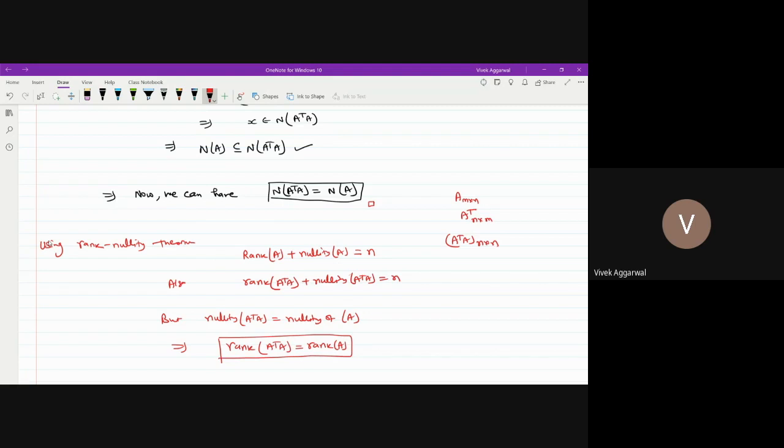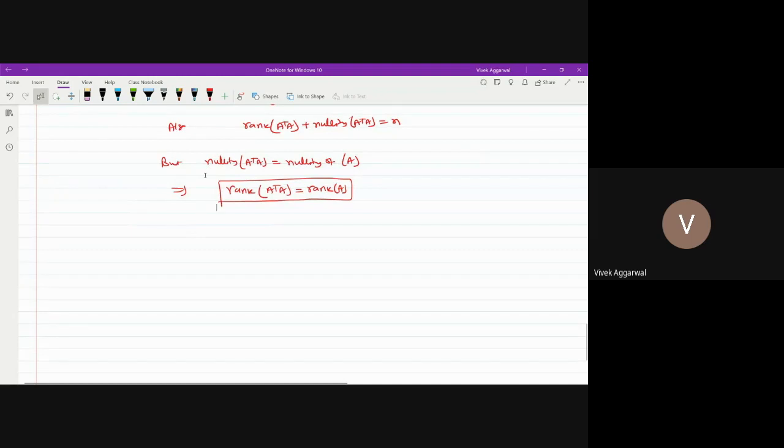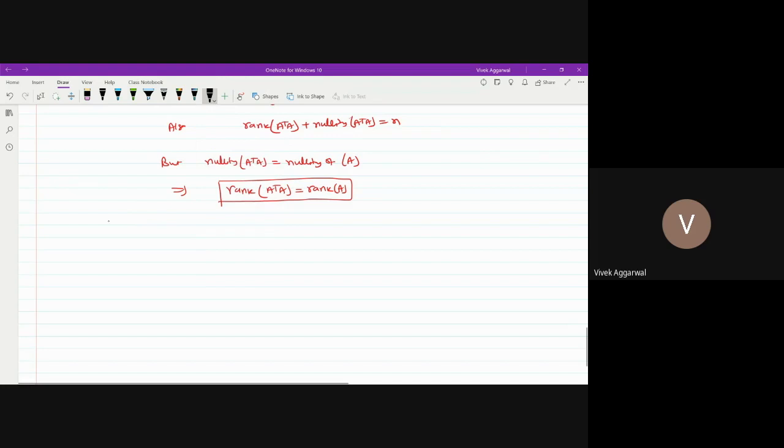So this is what we are able to show. Now after doing this value, I come to the main thing. From here we know that the rank of the matrix A that we have considered, the matrix we have taken, which was of order n cross 2, is 2.